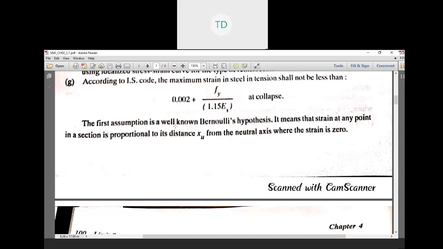The first assumption is the well known Bernoulli's hypothesis. It means that strain at any point in a section is proportional to its distance from the neutral axis, xu.